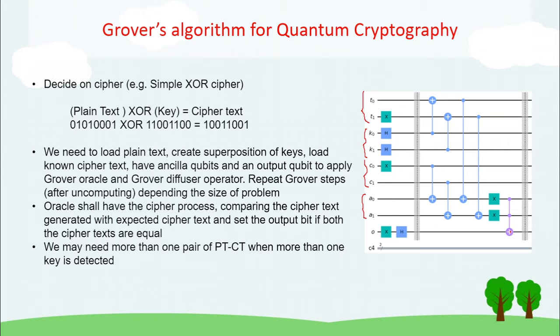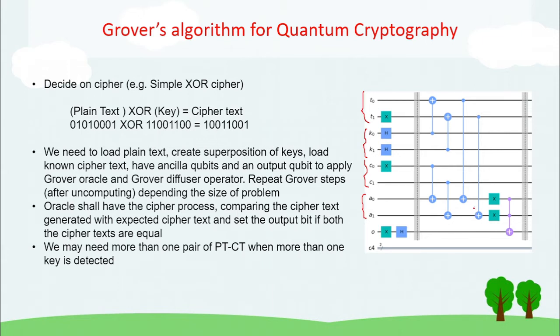So once it is marked, afterwards we need to apply Grover diffuser operator to amplify the probability, and we have to repeat this process and the next one. I have not shown the Grover diffuser operator, but later you will see it when you go through the code. Sometimes we may need more than one pair of plain text ciphertext combination. Such a scenario occurs when more than one key is detected to give the ciphertext, okay, to match the given ciphertext.